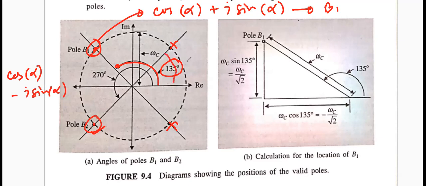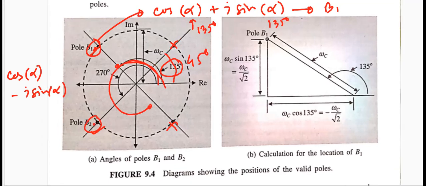Whenever I took this alpha equal to 45 degree, then it gives the not valid pole. When I have taken this angle equal to this, then it will give the not valid pole. However, when I have taken this alpha equal to 135 degree, it will give us the valid pole.